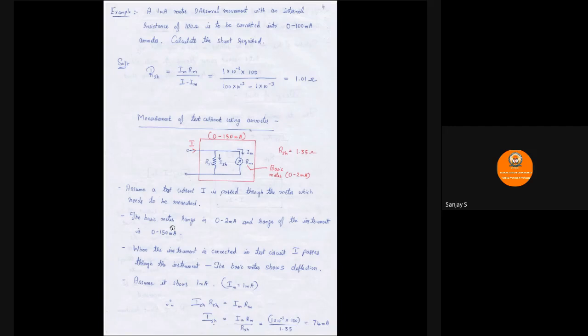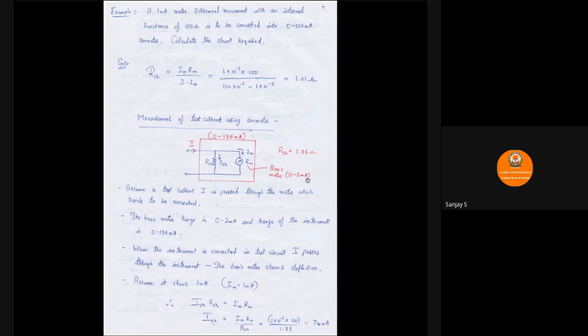And here, for your additional reference, you can have a look at how the measurement of test current is done using an ammeter. That is, whenever a test current I, the unknown current I, is passed through the instrument, how the measurement is being done. That's what this shows. Here, the shunt resistance is 1.35 ohm in this instrument.